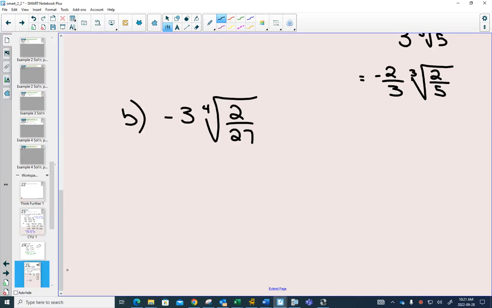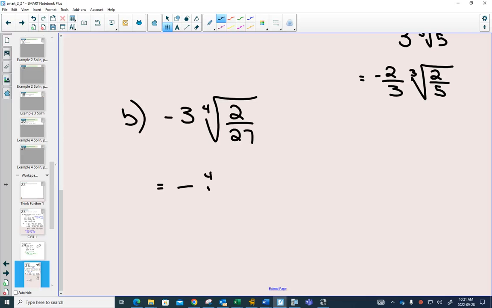You can't fourth root a negative number, sixth root, eighth root, any even root of a negative number. So the fact that the index 4 is an even number means the negative is going to continue to stay out front.